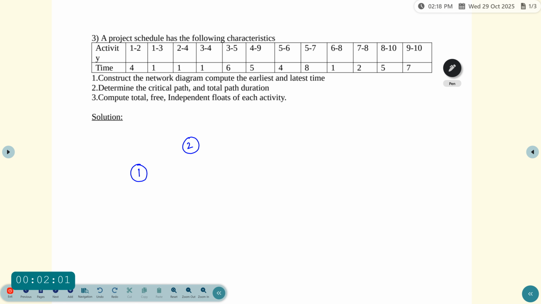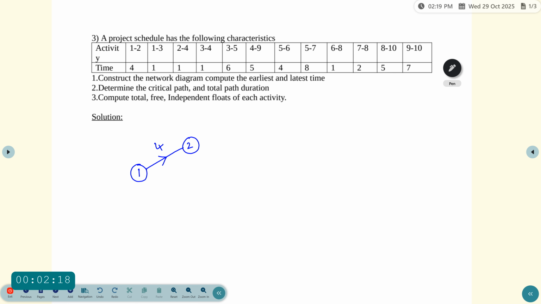So the first activity 1 to 2 has duration 4.